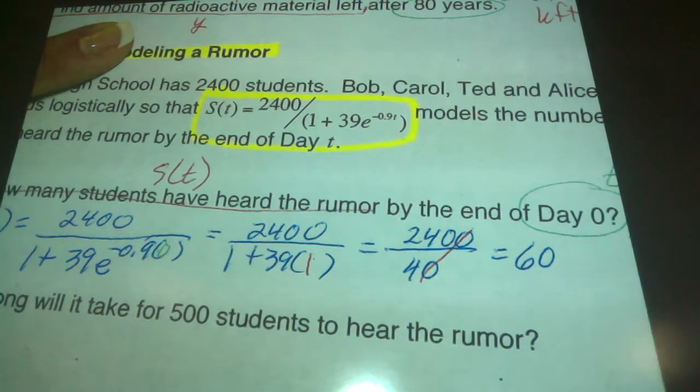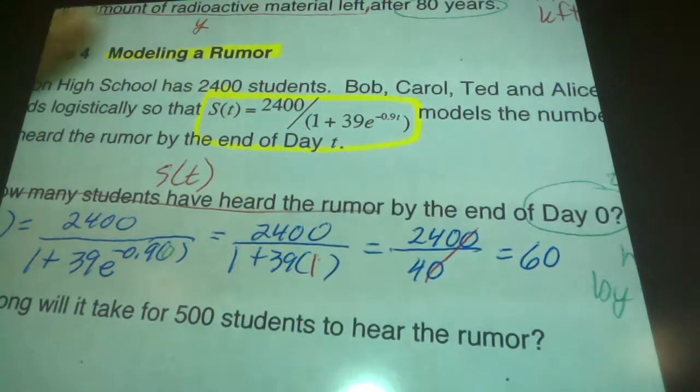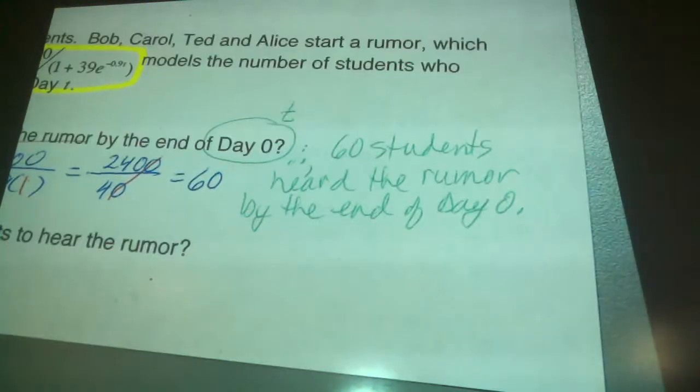So therefore, 60 students heard the rumor by the end of day 0. What does that mean to you? Day 0? That's the initial day, right?